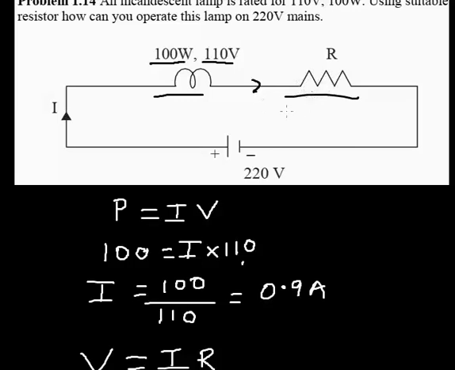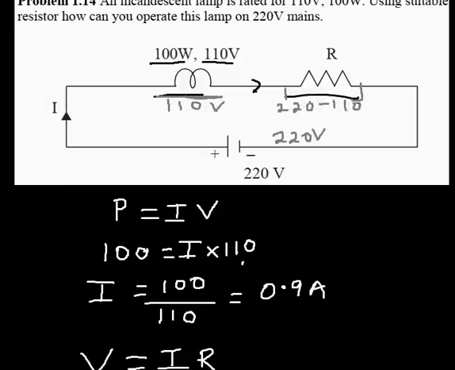So how will I get the voltage that's going across R? Remember, the total voltage of the circuit is 220 volts. This 220 volts will be divided among the resistor and the lamp. The lamp has already taken 110 volts. So for me to get the voltage across the resistor, that's going to be equal to 220, the total voltage, minus the voltage that has already been taken, which is 110.